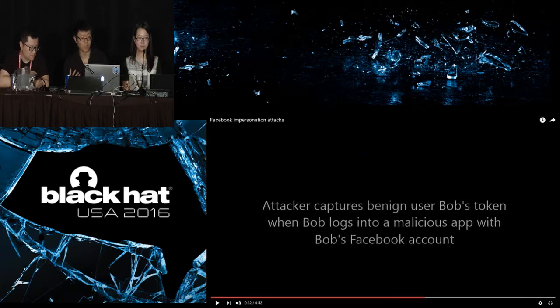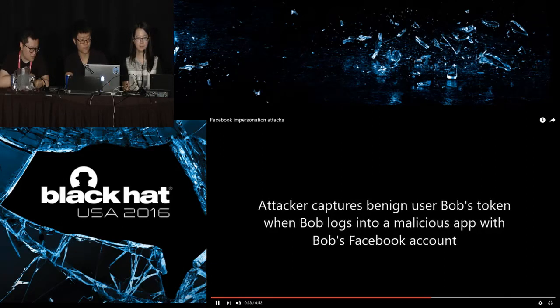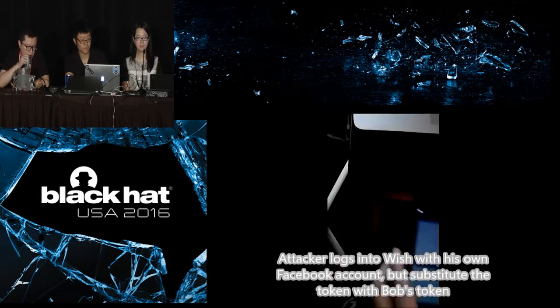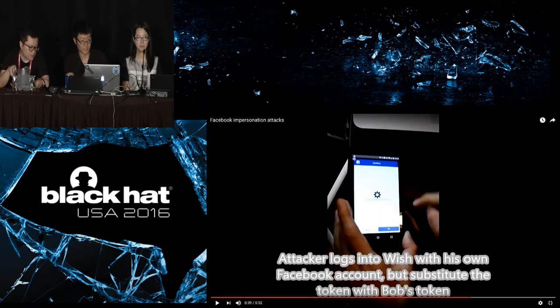The attacker creates another app which is malicious. It gains a legitimate user, the victim Bob's, Facebook access token. When Bob logs into the attacker's malicious app, the attacker can get this access token from Bob. What the attacker does here is log into Wish with the attacker's own Facebook account, with the same credentials.